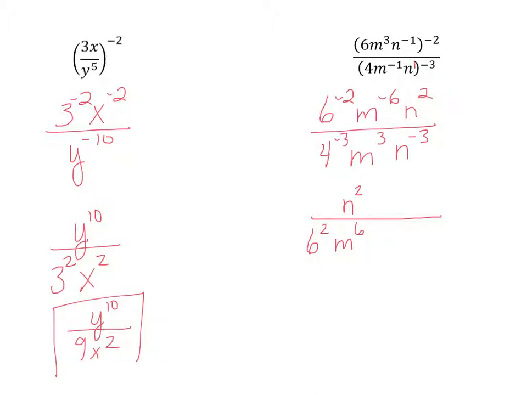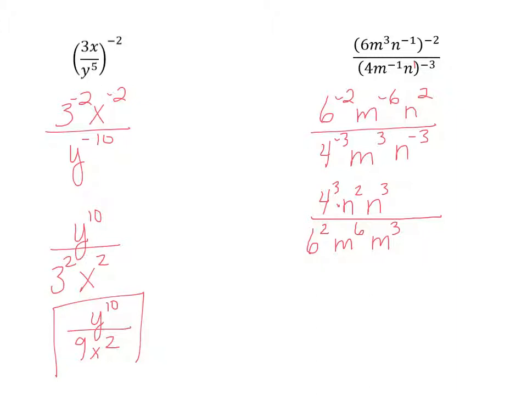Now let's look at our denominator and shift anything that has a negative exponent. So this and this will have to go up. So I'm going to end up with a 4 cubed. I like to put my numbers in front, so I'm going to put that 4 cubed in front. The m cubed can stay where it's at, and the n to the negative third is going to bump up. So now I have managed to get rid of all of my exponents. So now let's just simplify.